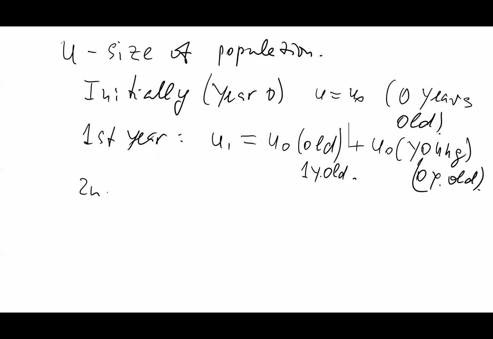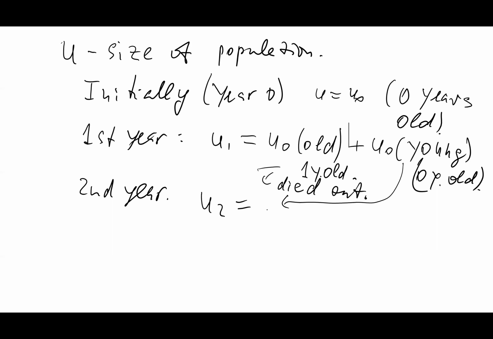So in the second year, since rabbits live only 2 years, this died out. This will become old, and this will become young. But in addition, both of them give offspring. So this will be plus u_1 young.